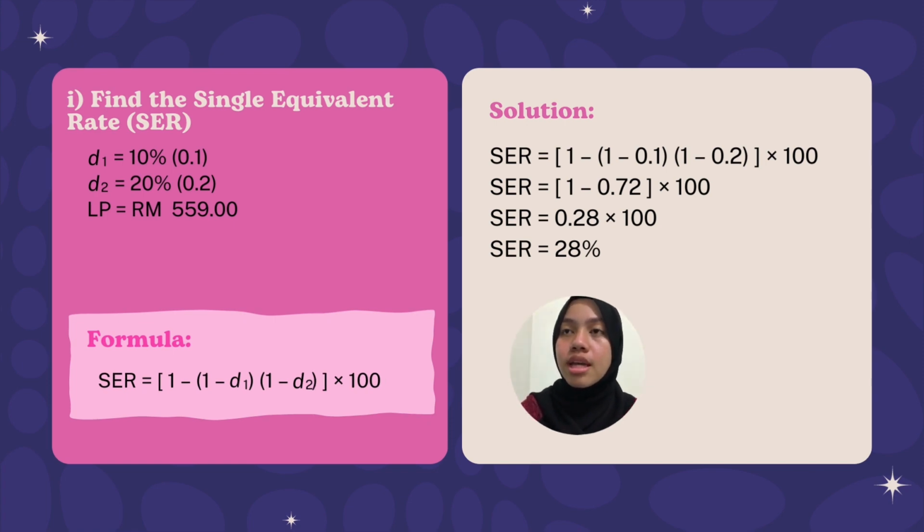The solution: SER equals open the bracket 1 minus, in bracket, 1 minus 0.1 close the bracket, in bracket 1 minus 0.2 close the bracket, multiply with 100. First we have to solve in the bracket, and then we have SER equals 0.28 multiply with 100, and the final answer is SER equals 28%.